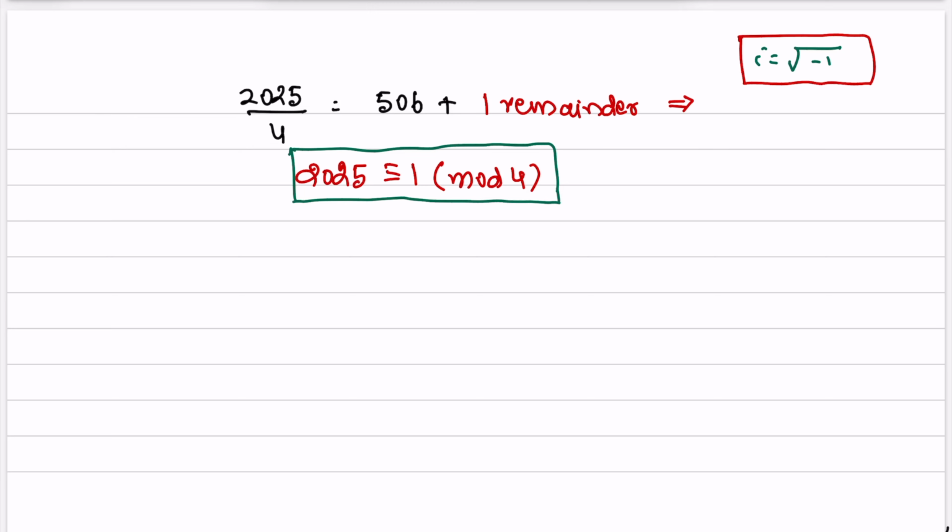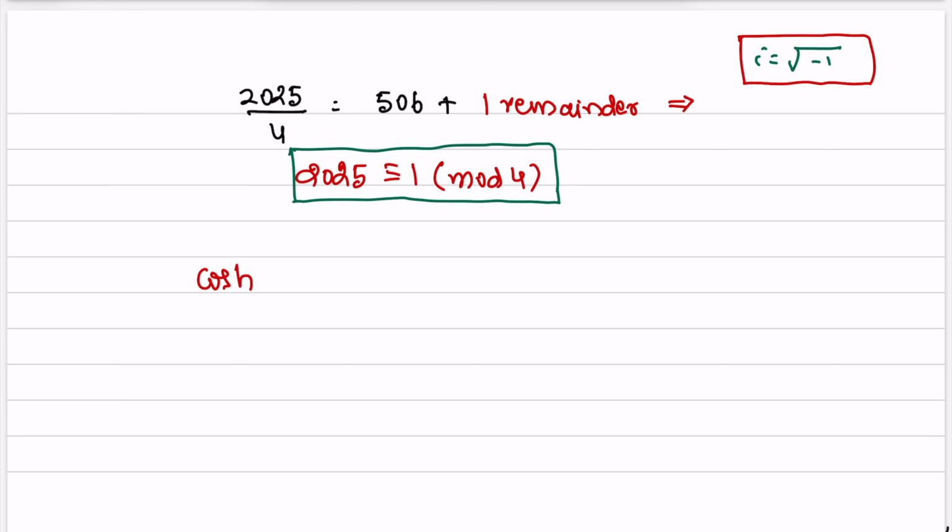Now, you just see there is one hyperbolic function, cos hyperbolic.